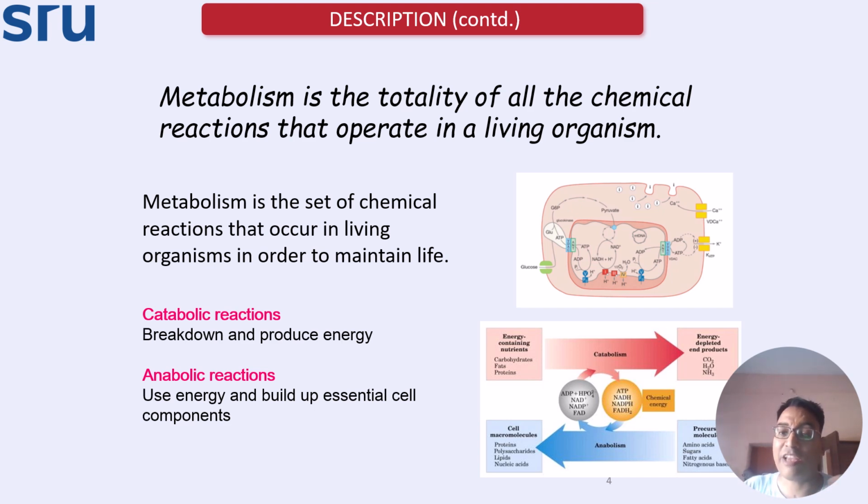If I take some complex molecule, my stomach uses enzymes and HCl to digest the molecules, breaking down the complex molecules into simpler ones to release energy. This is termed catabolism.